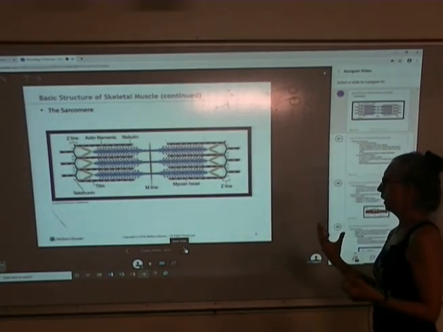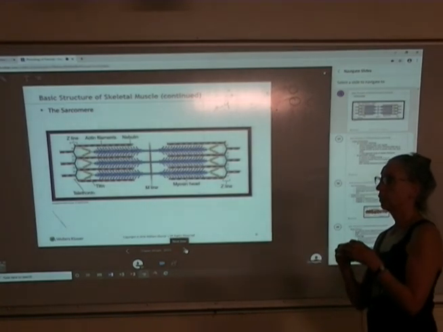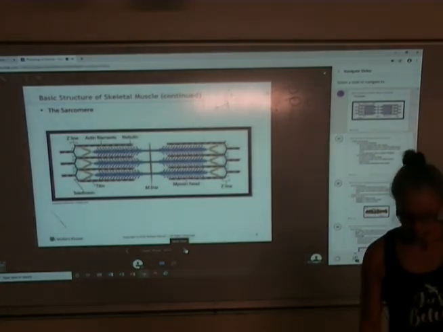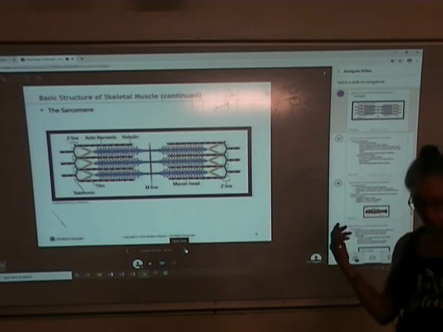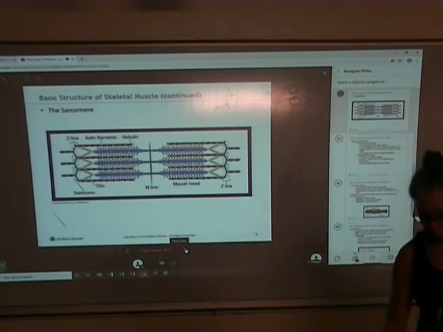And the sarcomere is the smallest unit that can contract within the muscle, all right? So because of the layout of the protein fibers, the sarcomere is able to create force production, and it can shorten in length as it creates that force.